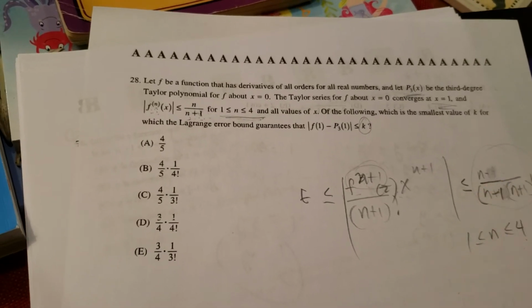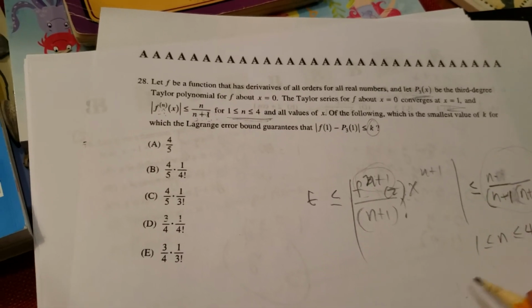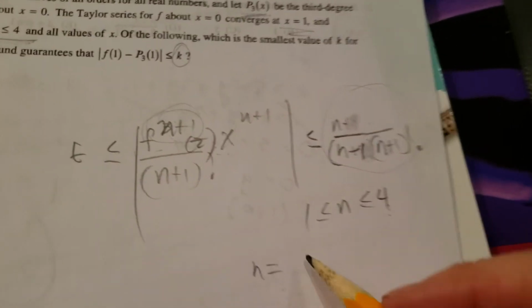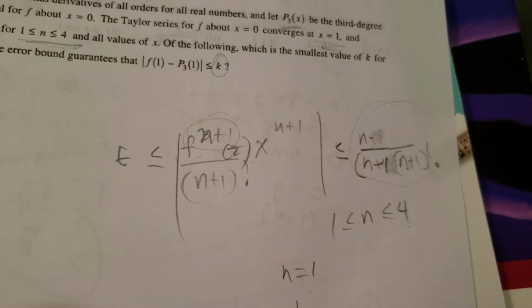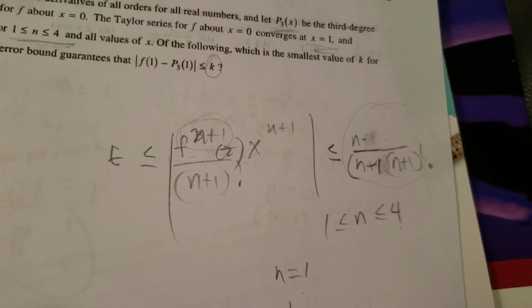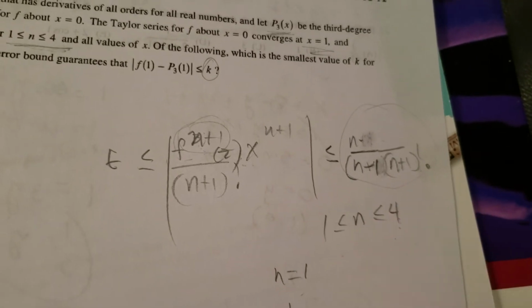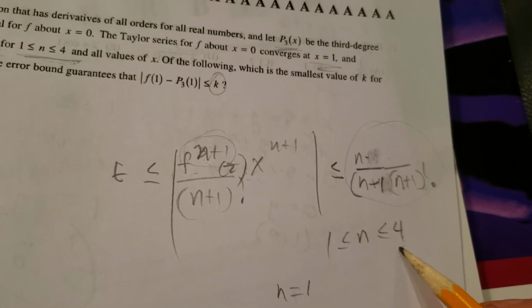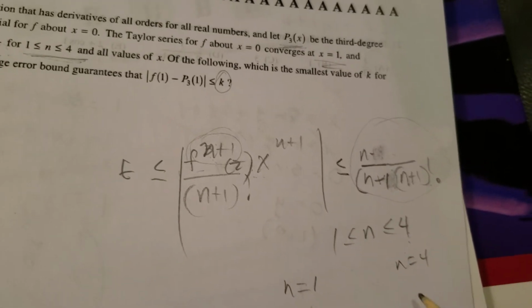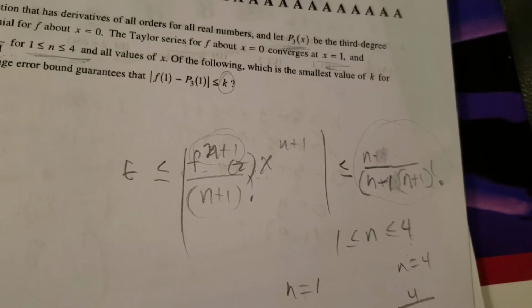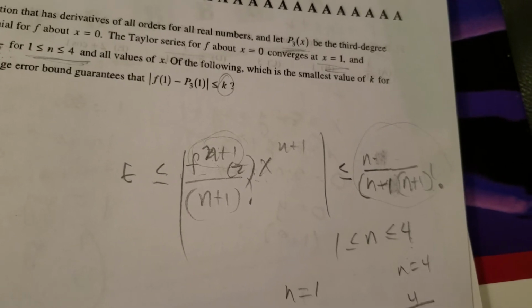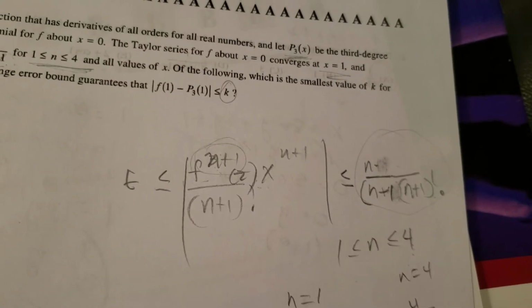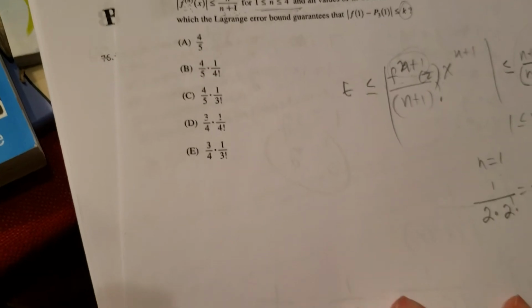So we could try both extremes. If n is 1, let's see what we get. That number would become 1 over 2 times 2 factorial, right, which is a quarter. If n is 4, that would be 4 over 5 times 5 factorial.